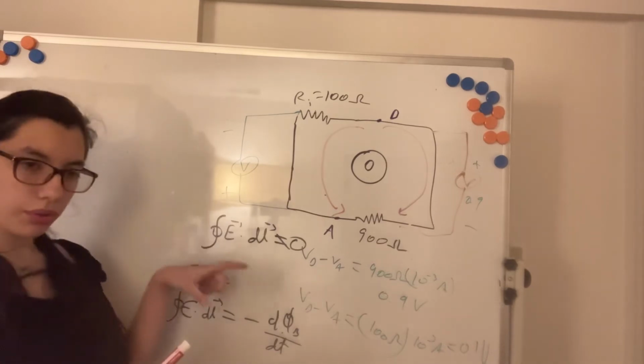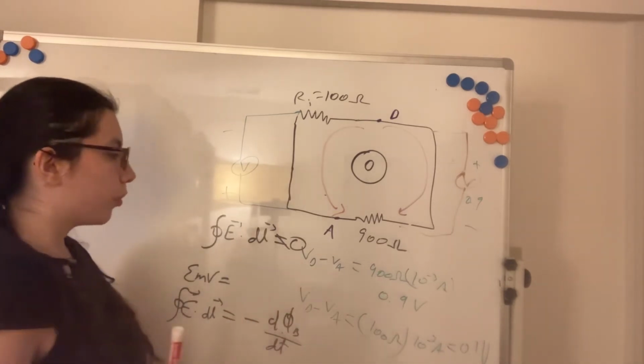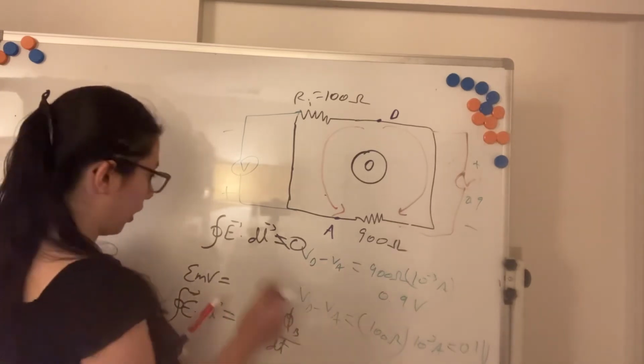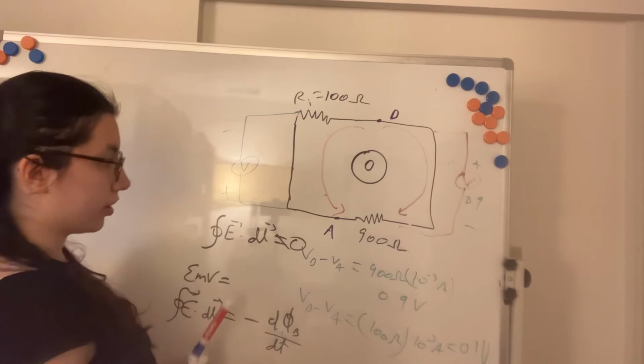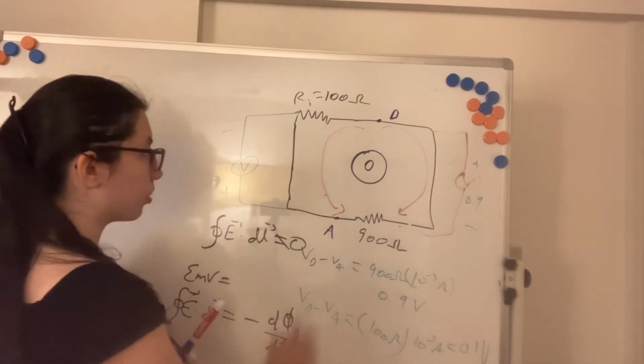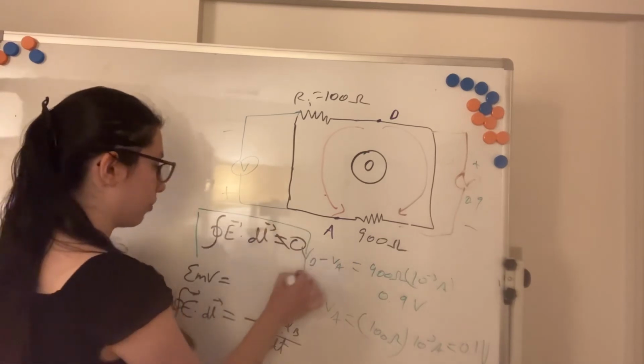So Kirchhoff's rule is a particular example of Faraday's law, but it is very dangerous to think that this is a universal law, because this is one of the most counterintuitive concepts in electricity and magnetism.